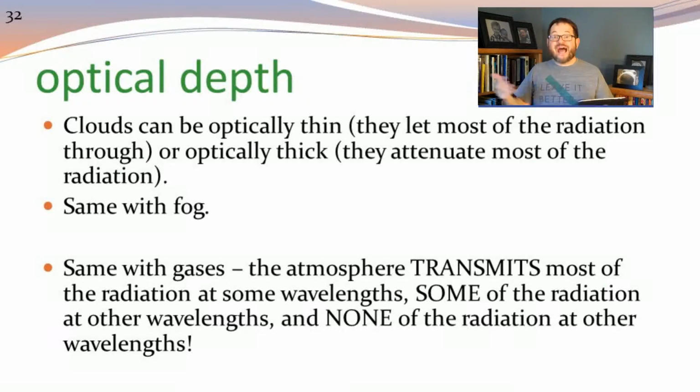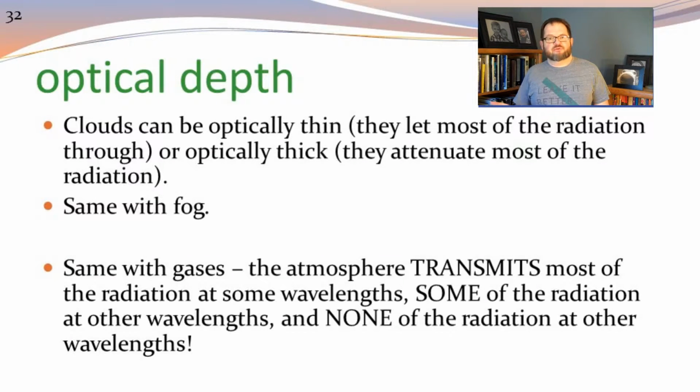The same is true of gases. Describing layers that contain certain gases, like the ozone layer. We can describe the optical depth of the ozone layer for ultraviolet radiation. For ultraviolet radiation, the optical depth of the ozone layer is nearly infinite. The ozone layer is incredible. Each individual ozone molecule is incredibly good at absorbing ultraviolet radiation.